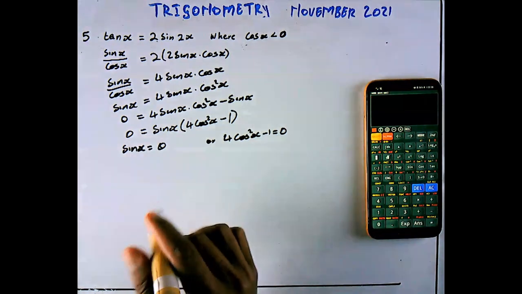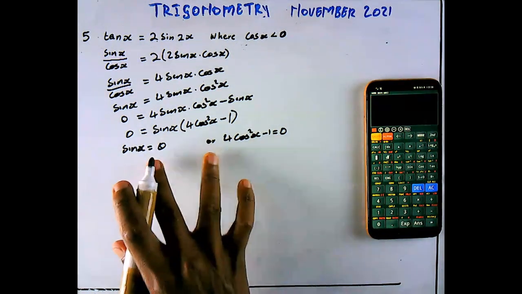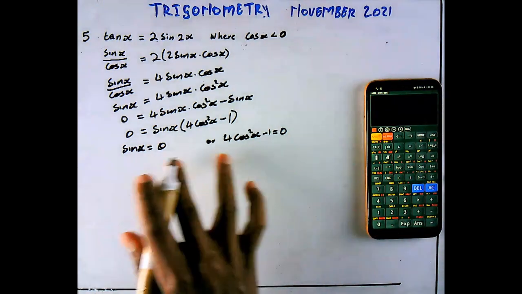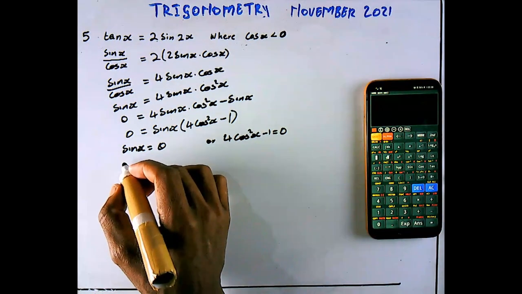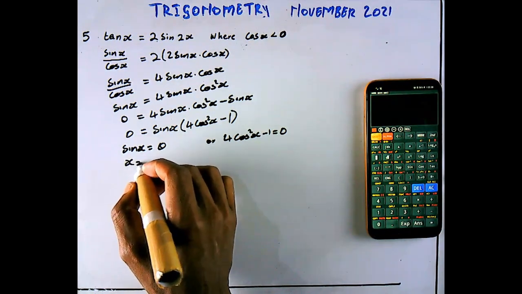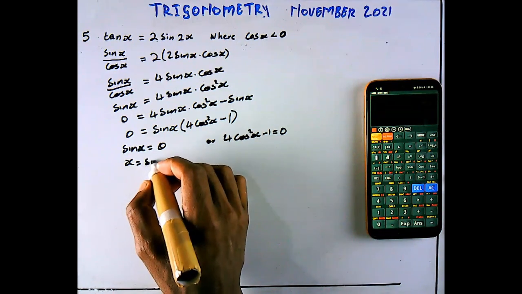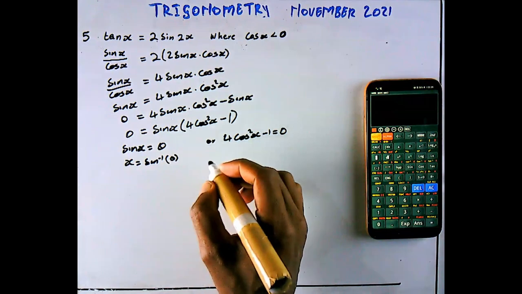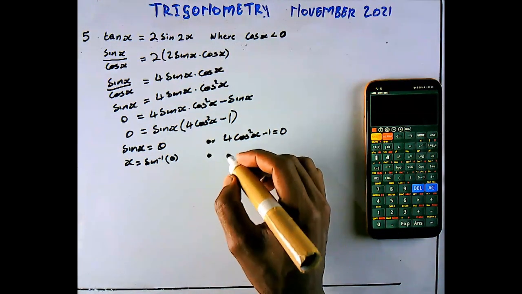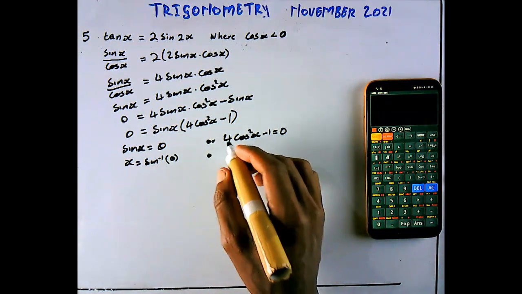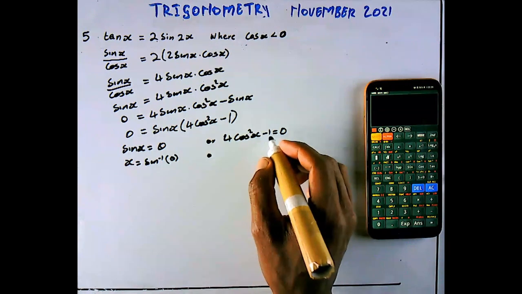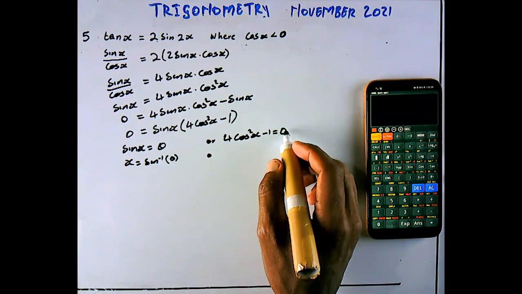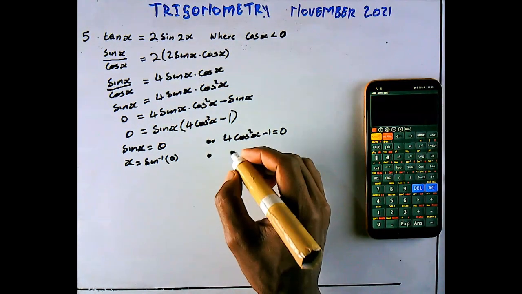Then we have to find the reference angle now. So here x equals arc sine 0, or this side we move 1 to the other side and divide by 4.